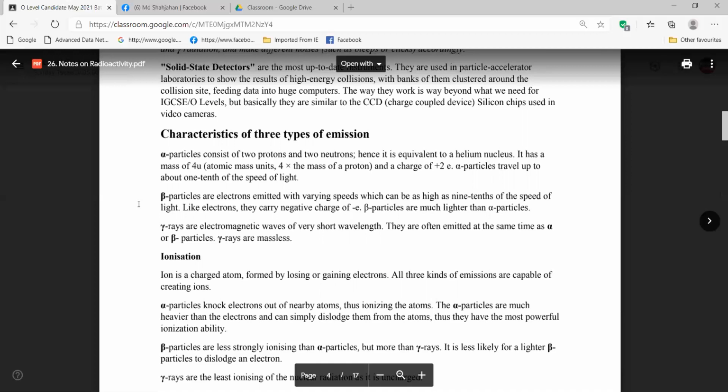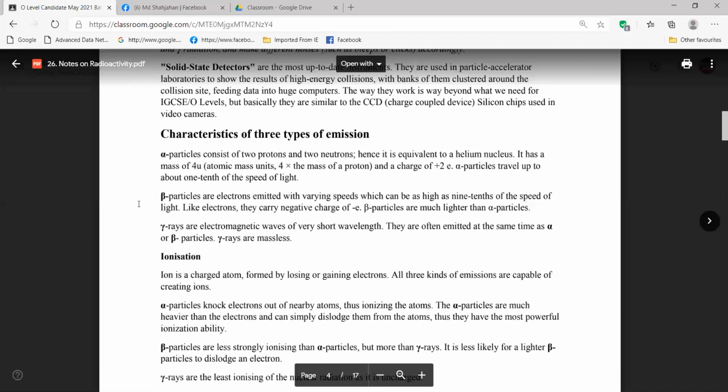And what else? They don't have any mass. Light or electromagnetic radiation, they don't have any mass. All the mass is converted to energy. So gamma rays are massless. This is the first thing. And the second point is that gamma or any light energy, electromagnetic waves, don't have any charge.